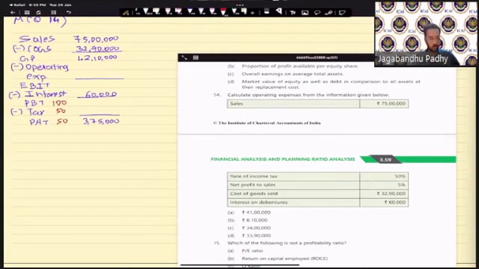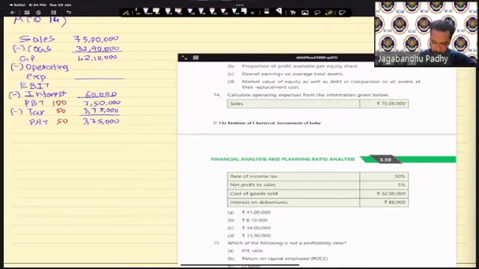So undertaking a backward calculation like this, we can say that 3,75,000 is the PAT, and that same 3,75,000 will be the tax figure, and our PBT, profit before tax, is going to be 7,50,000.